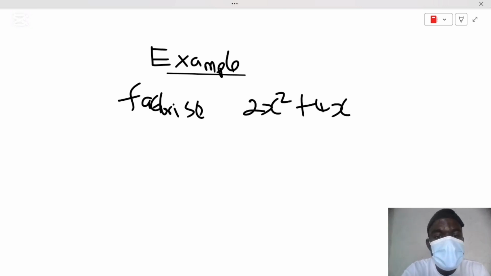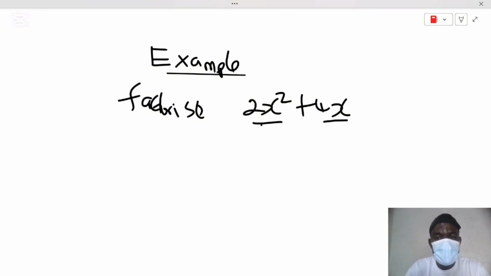To factorize binomial expressions, it's very simple. You just have to find the common factor that can go into both parts without a remainder. So 2 can go into 2x squared, and 2 can also go into 4x.